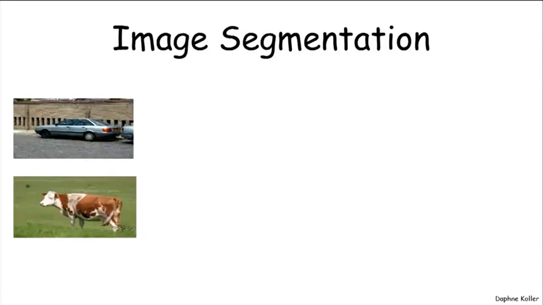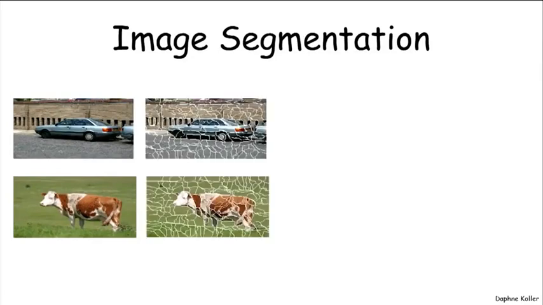So just to motivate the benefits of the PGM framework in this context, let's look at these 2 images as an example. Here is the original images. This is the division of these images into what I mentioned were called superpixels, which are these sort of slightly larger coherent regions.